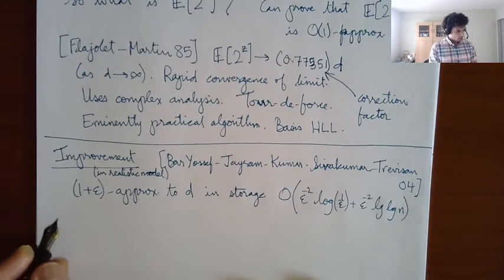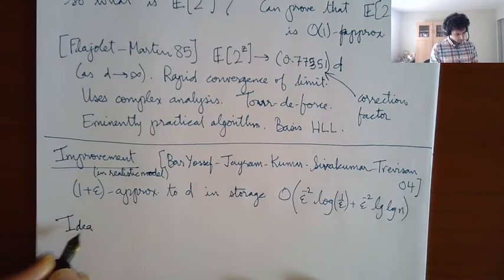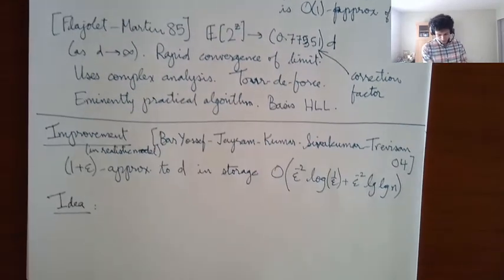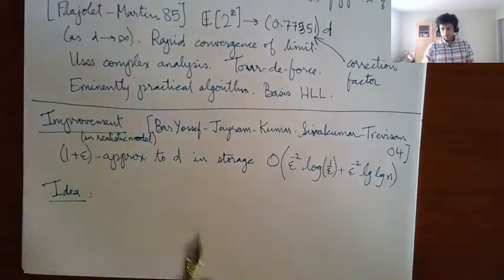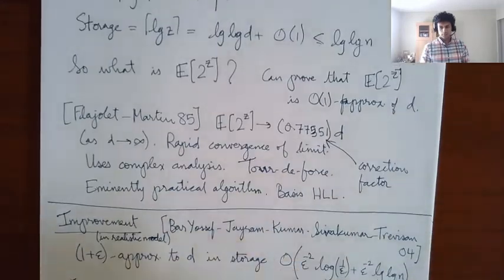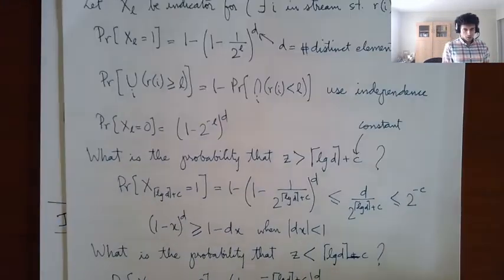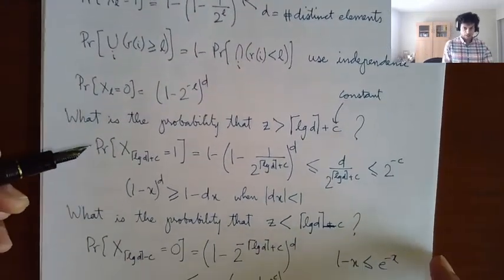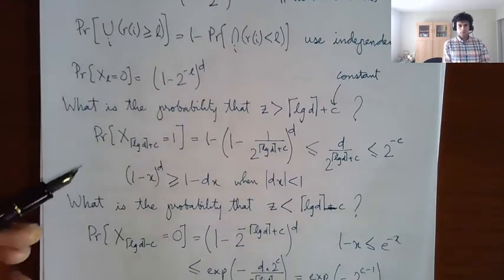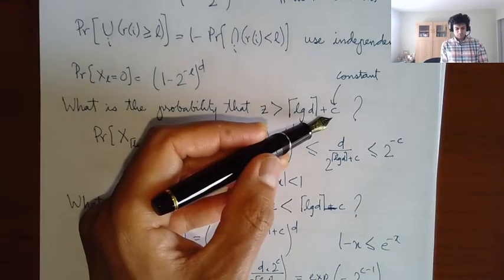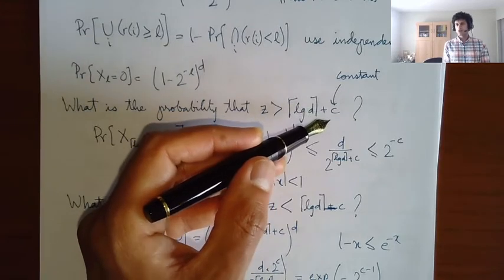So what is the idea? The key idea is to look at the weakness in our crude analysis here. In the crude analysis, we have to set C to be some constant.